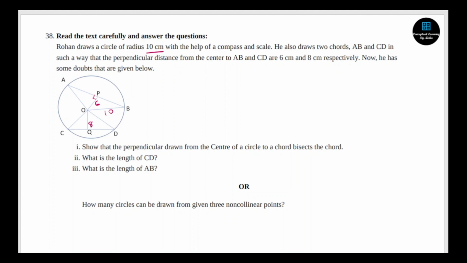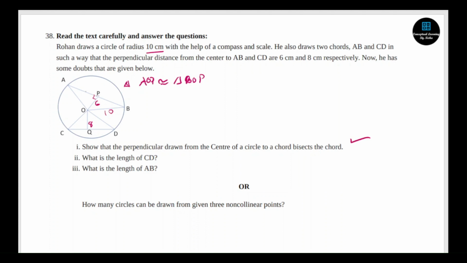We have taken this and OP is common, so you can use this criteria. So you can say that triangle AOP is congruent to triangle BOP, right? Correct. And then using CPCT, you can say that P bisects AB. And now the first one is done.